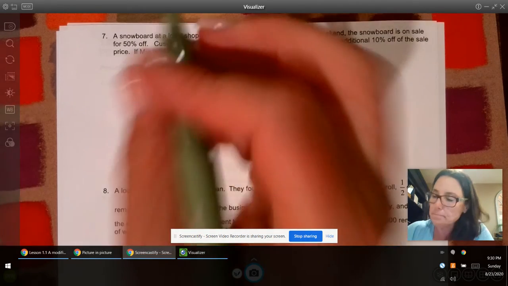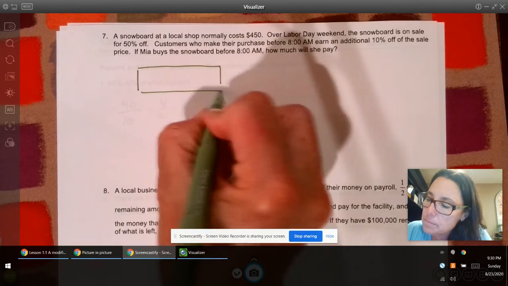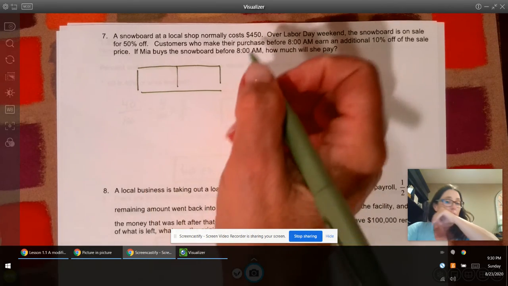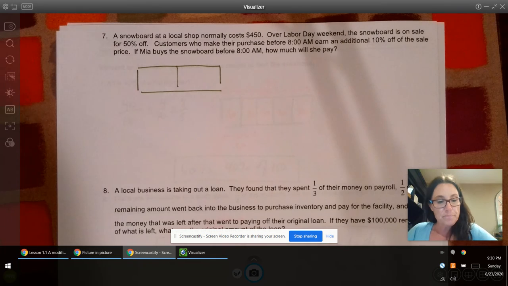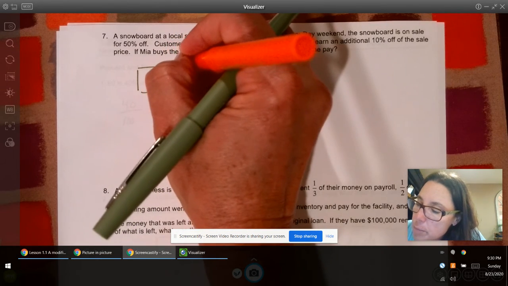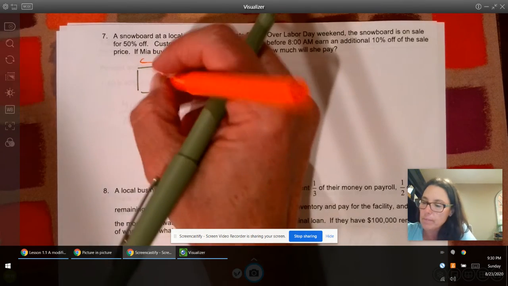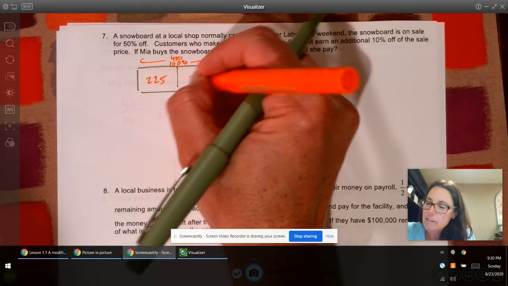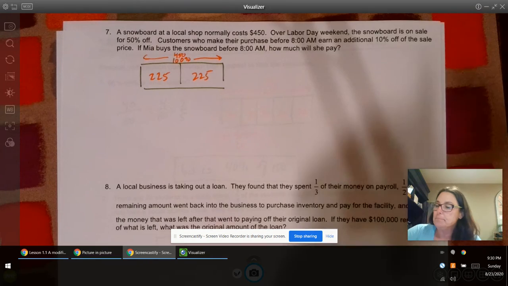All right. The first thing we're going to do is find the sale price, the 50% off. 100% is $450. 225 is that magic number.